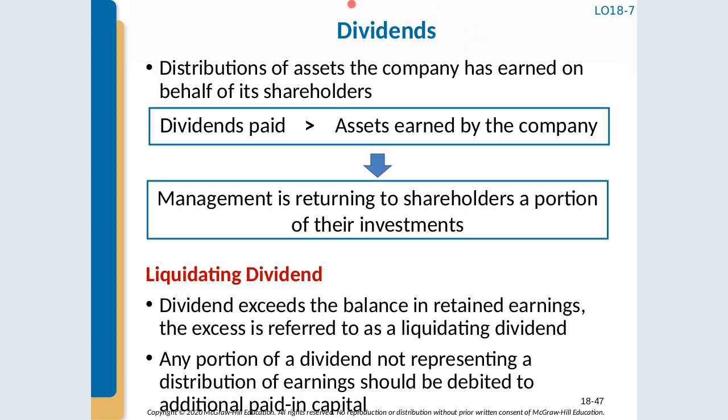So we know that dividends come out of retained earnings, okay? So corporations are going to distribute dividends to their shareholders out of retained earnings, which is their cumulative earnings. They may also pay dividends out of paid-in capital or additional paid-in capital, and those dividends are called liquidating dividends, okay?